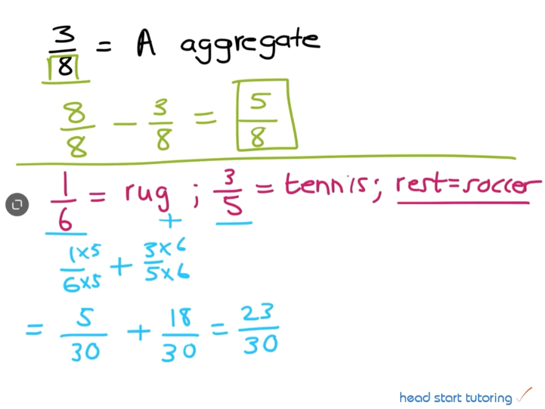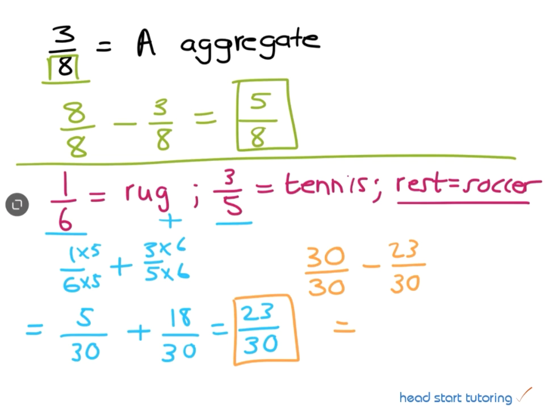Because I know that my whole will be 30/30, I need to subtract my 23/30 from that, and I will end up with the fraction of the rest of my grade.